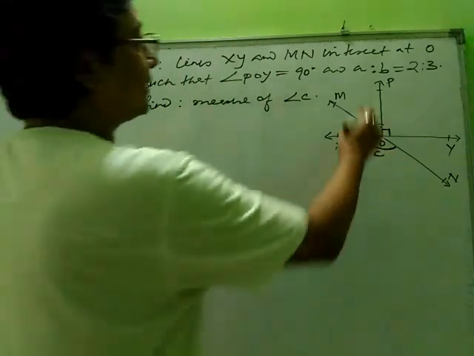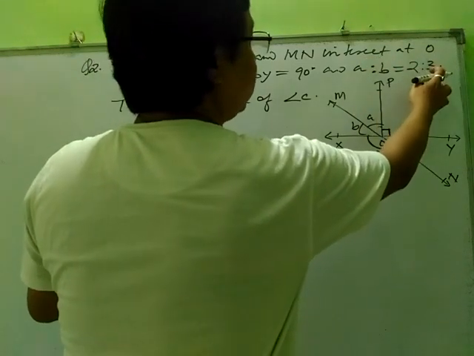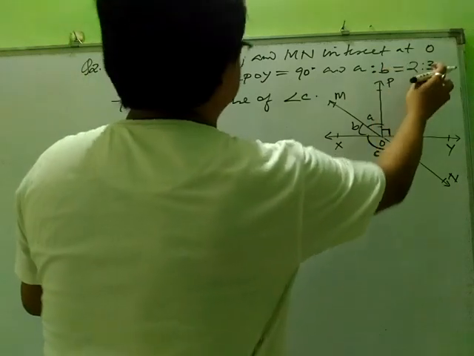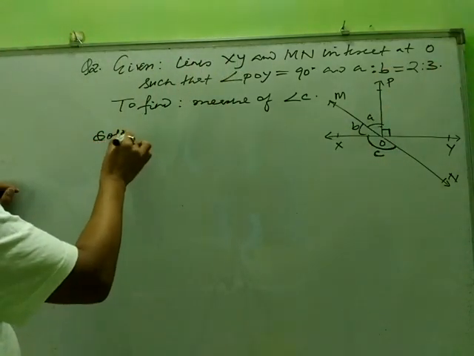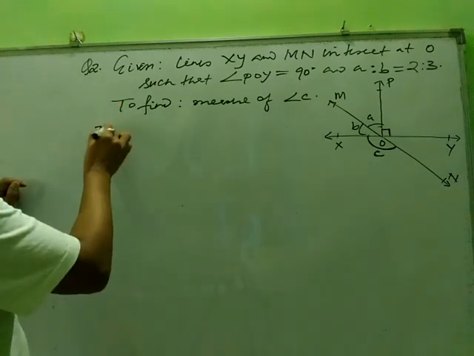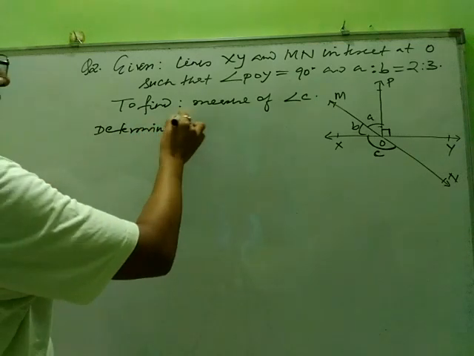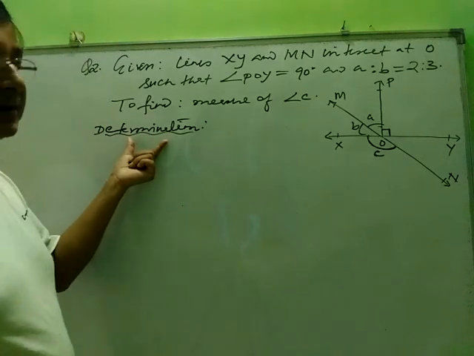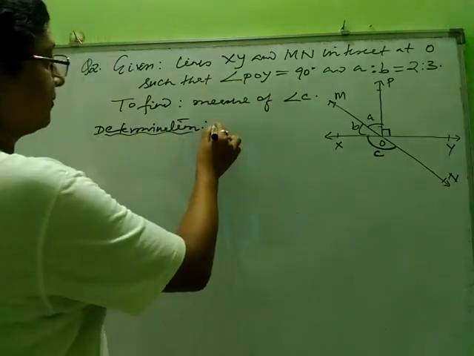Now let us take the ratio as 2 is to 3. We will take A as 2x and B as 3x. Now here, solution. Let us write determination, because you are not proving, you are just going to find.